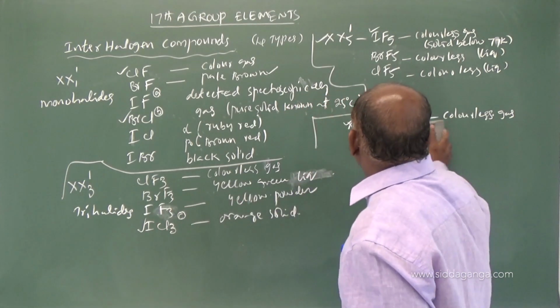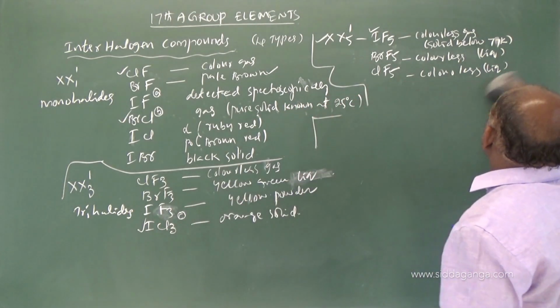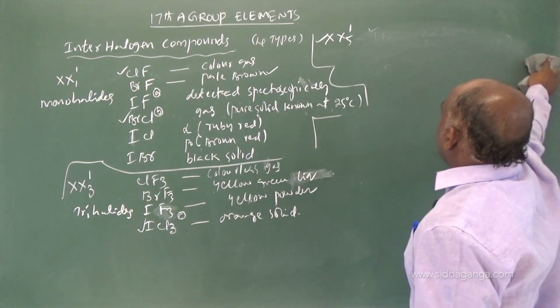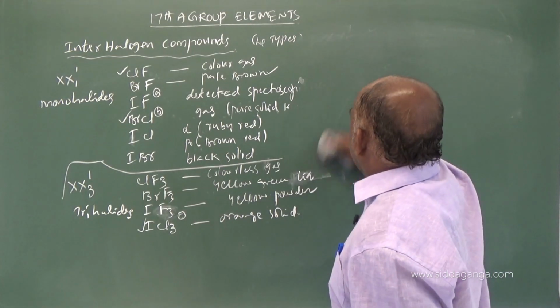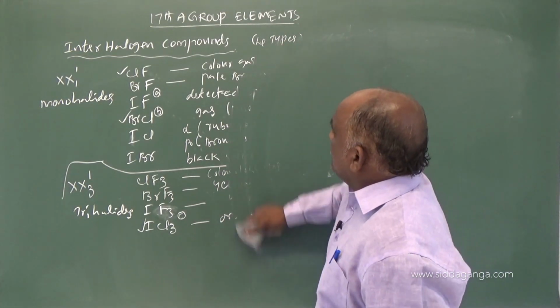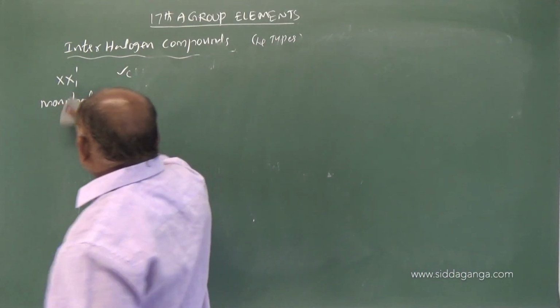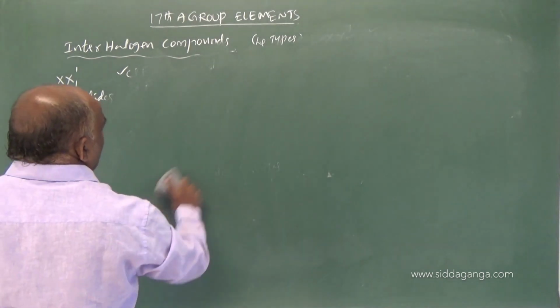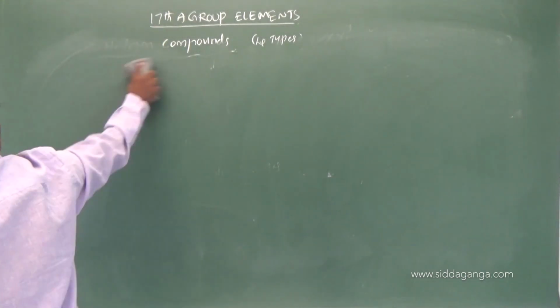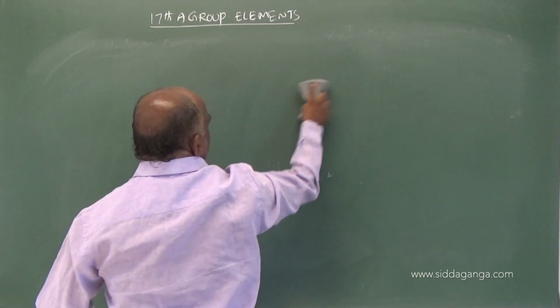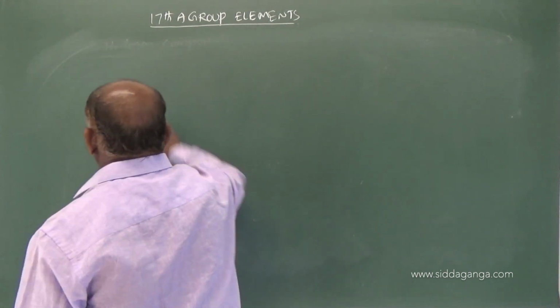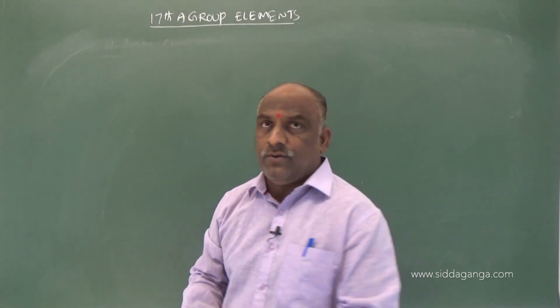And next, the properties of interhalogen compounds, followed by structure. That will be the last for 17th group elements. After this, one more topic, that is 18th group elements. That is very easy, and we will discuss it now.